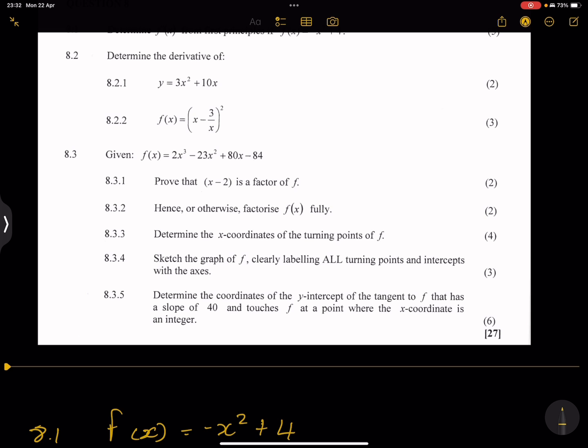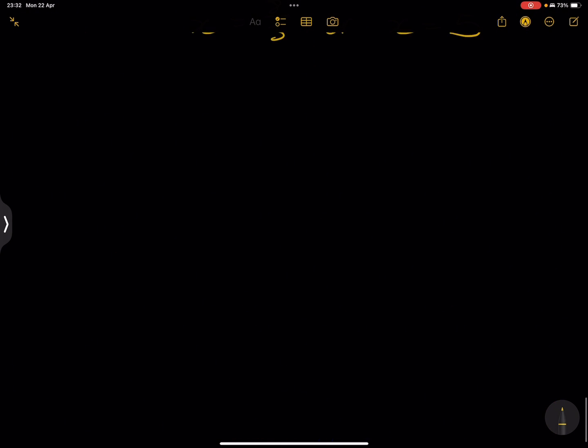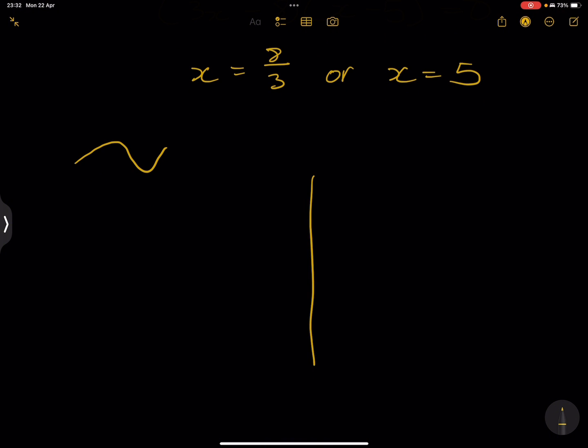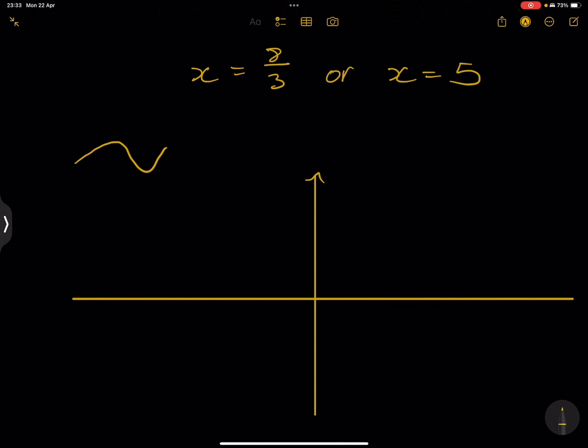Now they say sketch the graph of f, clearly labeling all turning points and intercepts with the axes. All right, so what is our graph going to look like? So first of all, our a value is positive. So it tells us it starts as an increasing function. So there we go. Right, so don't forget to label your axes.